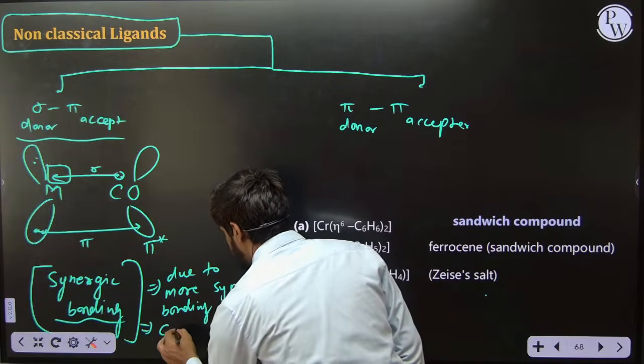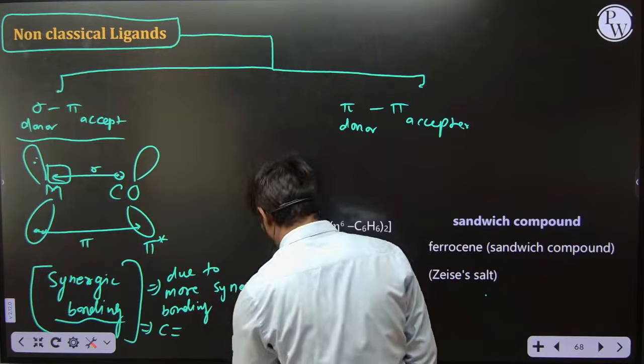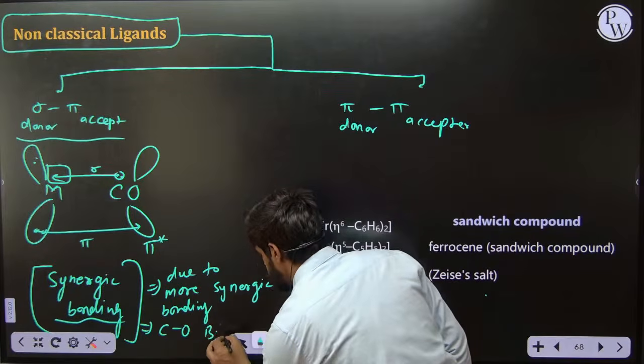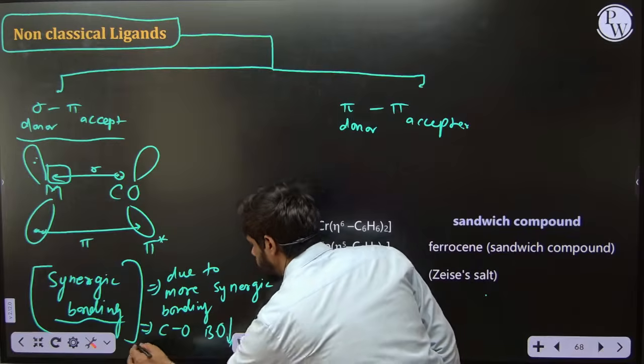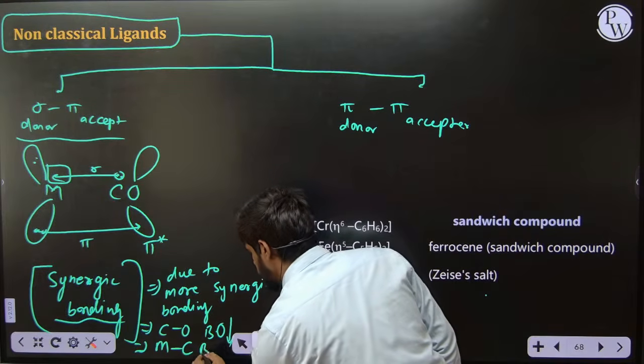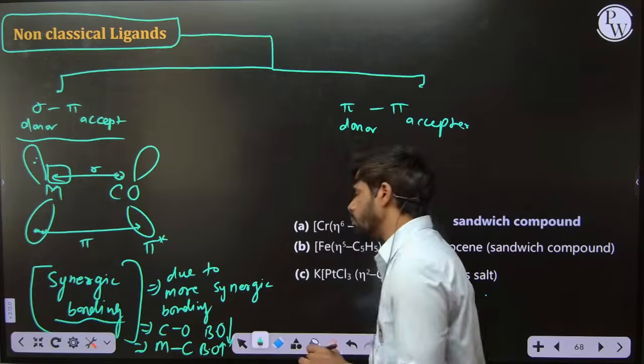First, between the carbon and oxygen, bond order basically decreases, and between the metal and carbon, bond order increases. This is very very important.